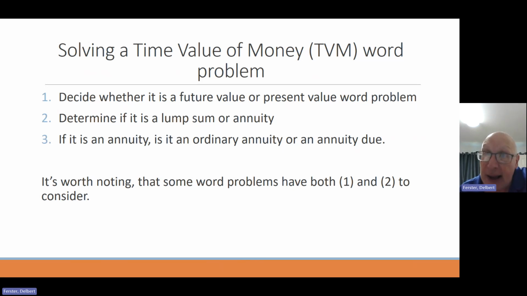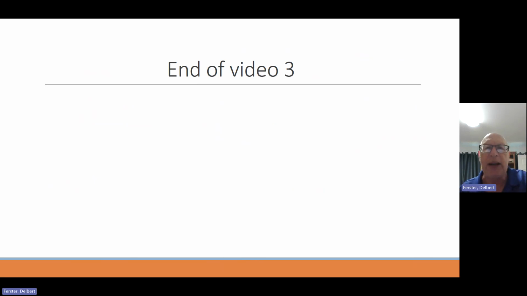We will be looking at this as we move into video 4 for Unit 8, which is basically you and me having a good old time solving problems dealing with time value of money, present and future. That's coming up soon. We'll see you soon for video 4.